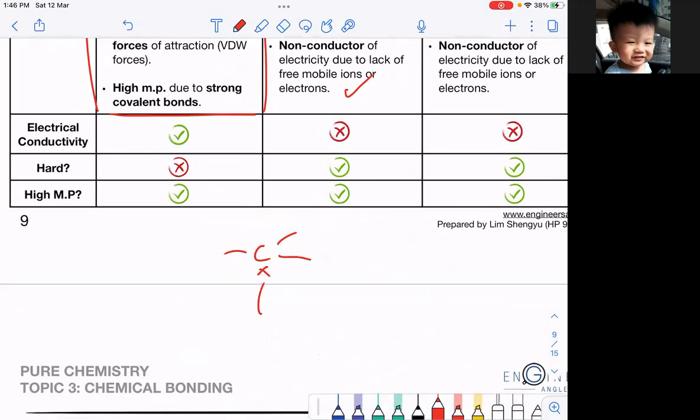No friend, nobody comes in. What about the second carbon? Supposed to have 4 sticks, but only 3 sticks. So 1 electron standing there waiting, nothing happens. Next carbon, supposed to have 4 sticks, but 3 sticks. So 1 electron standing there. Next carbon.